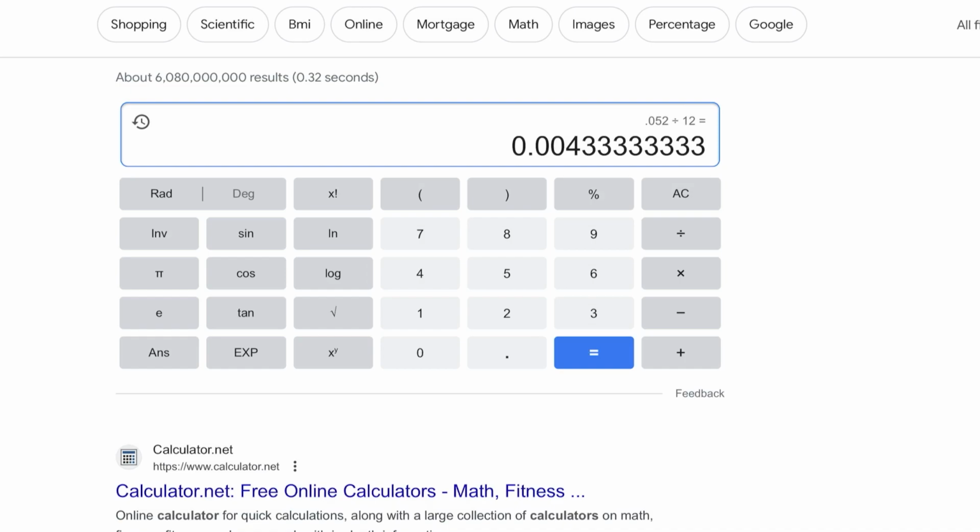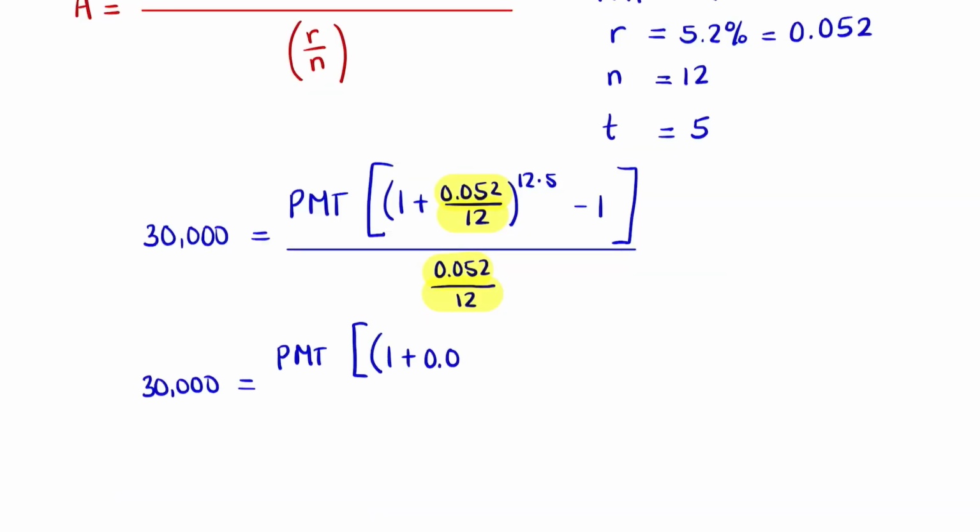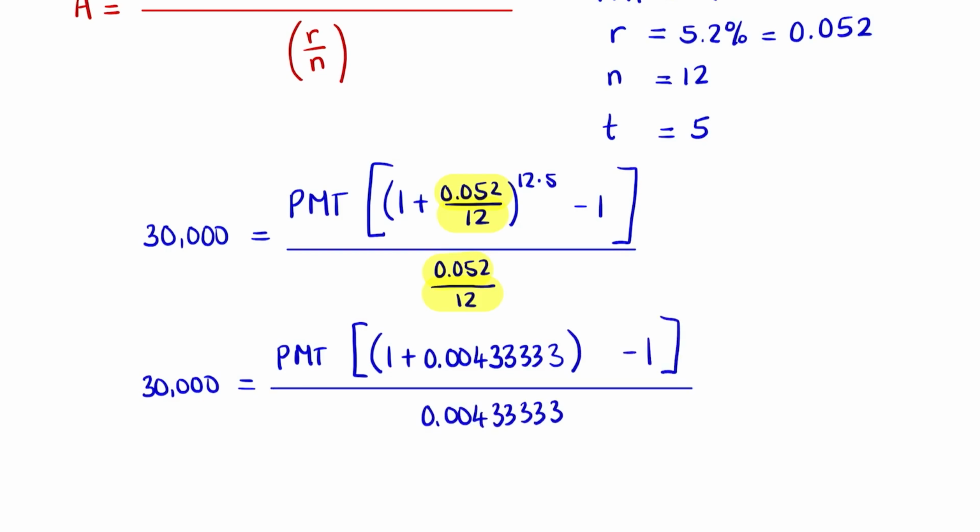So I'm going to use 0.0043333. So I replace this fraction with 0.0043333, and I also take 12 times 5, that is 60, and I put it here. So I replace 12 times 5 with 60.